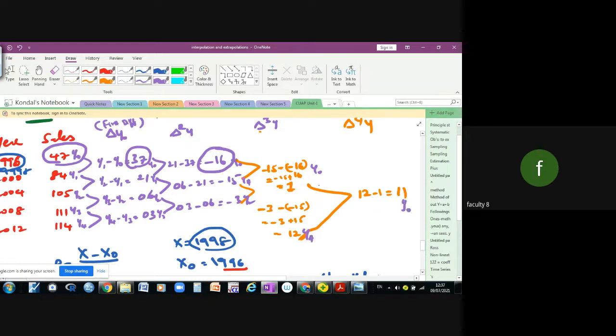So that is the delta 2 y0 I mentioned earlier in the formula. We have mentioned delta 2 y, delta 3 y, delta 4 y. So in this formula we have taken the base y0. That's why we have taken the first values of this thing and this thing, and this thing we are going to take. Okay.